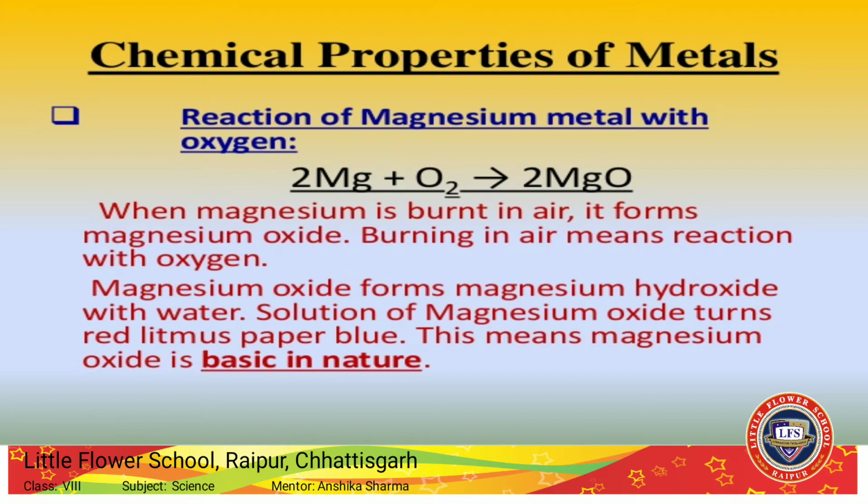Burning in air means reaction with oxygen. Magnesium oxide forms magnesium hydroxide with water. Solution of magnesium oxide turns red litmus paper blue. This means magnesium oxide is basic in nature.